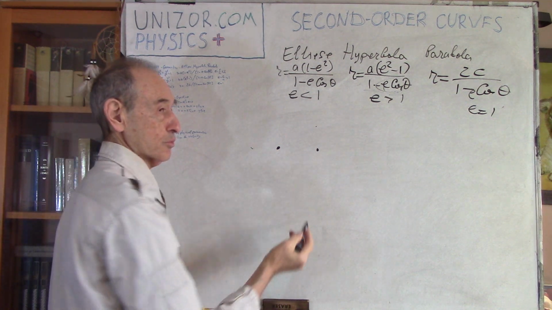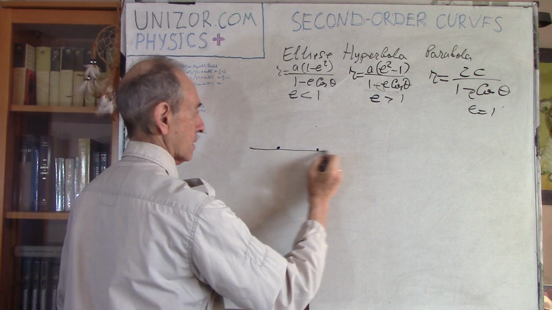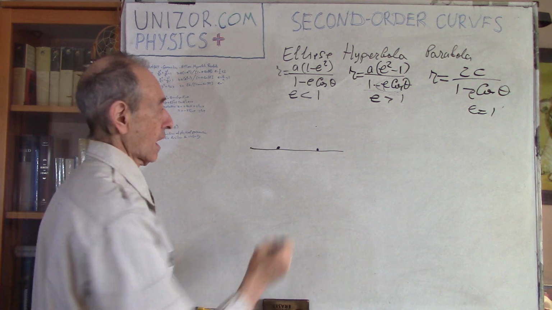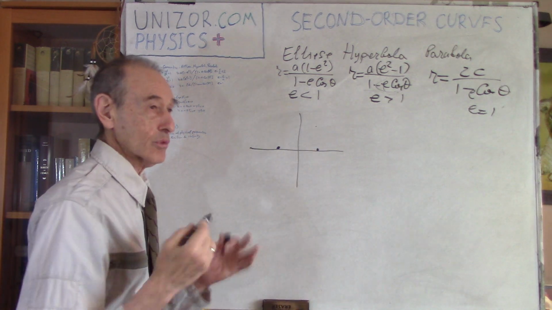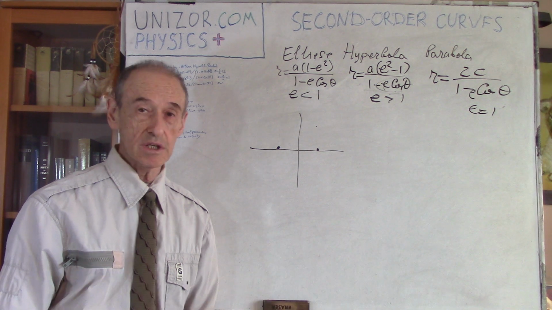But I already have 2 points, which means I have an x-axis and a y-axis. I already have coordinates, basically convenient coordinates.